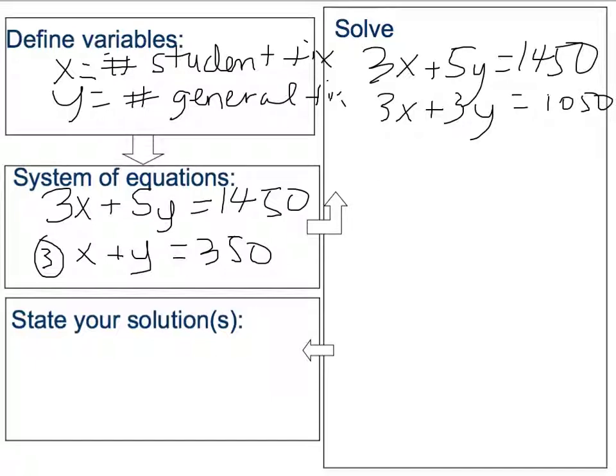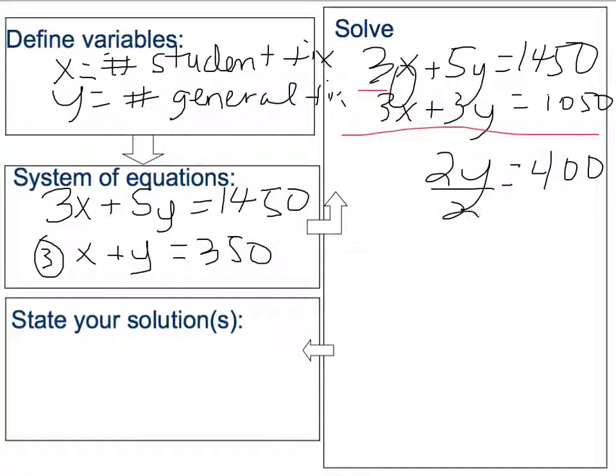Okay, so I'm going to subtract here to get rid of the 3x. So now I have 5 minus 3, so I have 2y is equal to 400. If I divide both sides by 2, I get y is equal to 200. Okay, so now that y is equal to 200, I can plug it back in for any equation. I am going to use the equation x plus y is equal to 350.